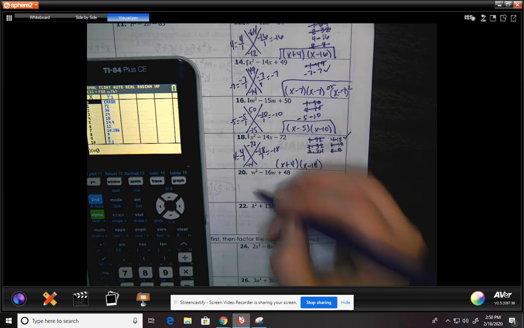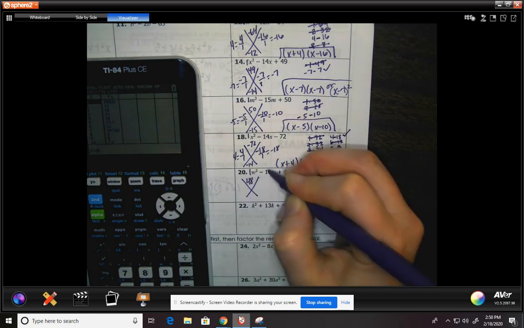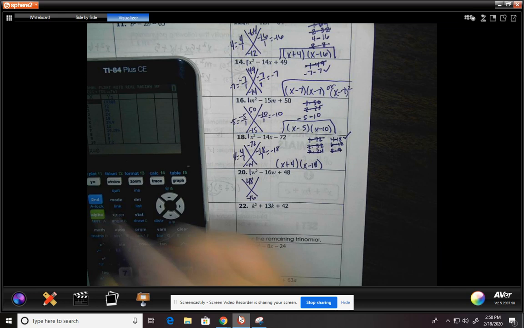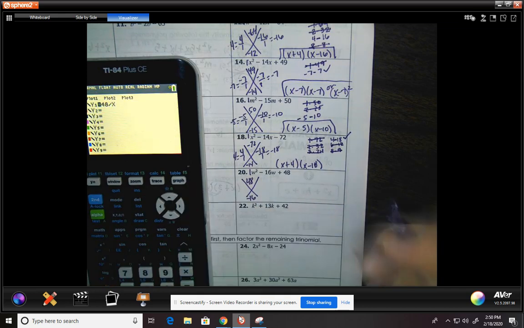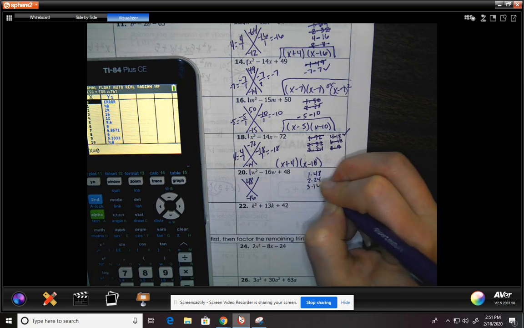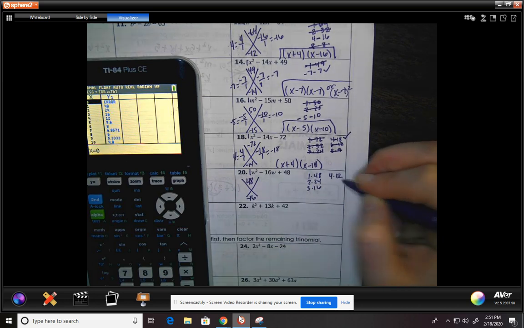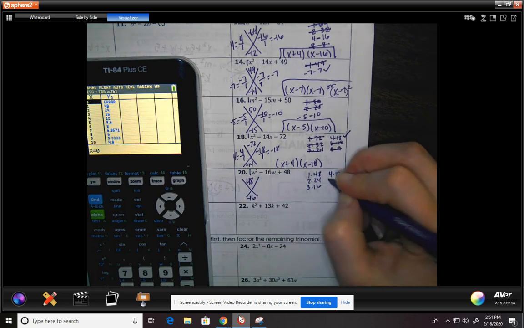Okay, for 20, 1 times 48 is 48, and my sum needs to be negative 16. So factors of 48, you got 1 and 48, 2 and 24, 3 and 16, 4 and 12, ooh, that's about 12, and then 6 and 8.